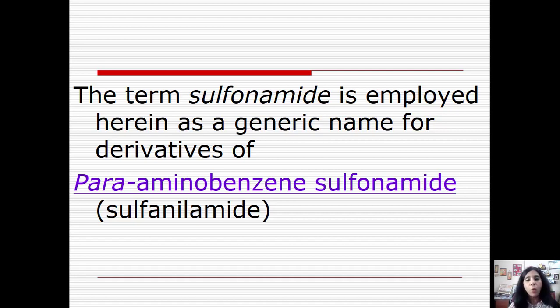Now what do these sulfonamides do? They inhibit the folic acid synthesis of the bacteria. That is what they do.